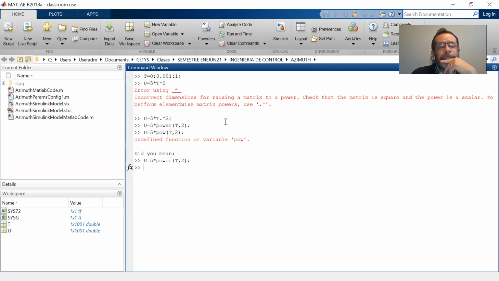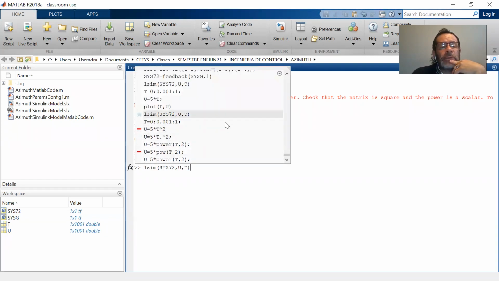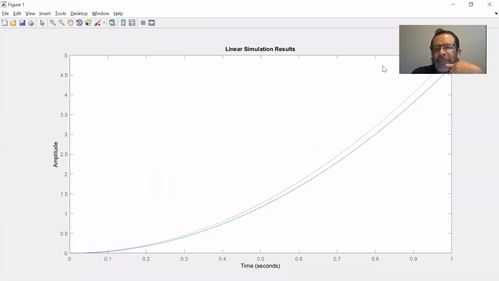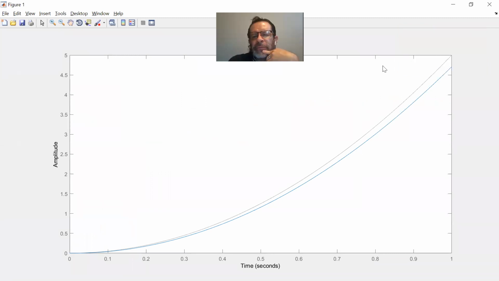Okay. So now we've got U and T. We can run the LSIM again to run the function here. And what's happening here? Very similar to the one we previously saw with the velocity. Notice this. This is the same system under three situations.